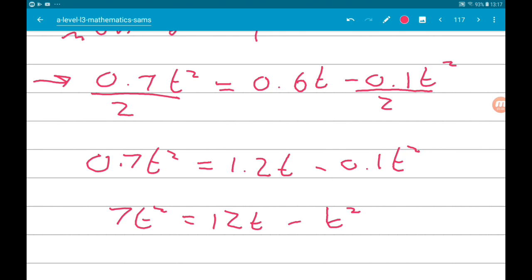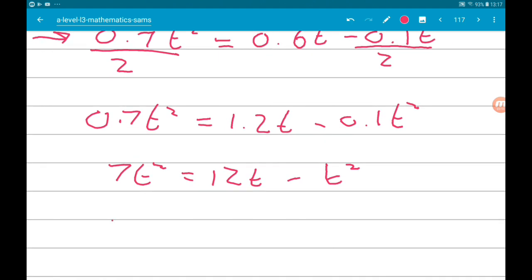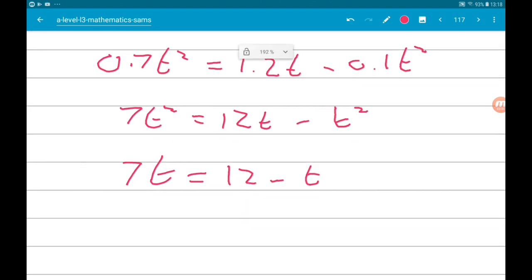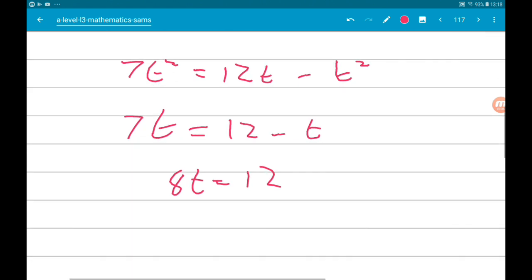And we know that t equals 0 can't be a solution, so we can divide through by t. So 7t is equal to 12 minus t. So 8t is equal to 12. So t is 3/2 or 1.5 seconds.